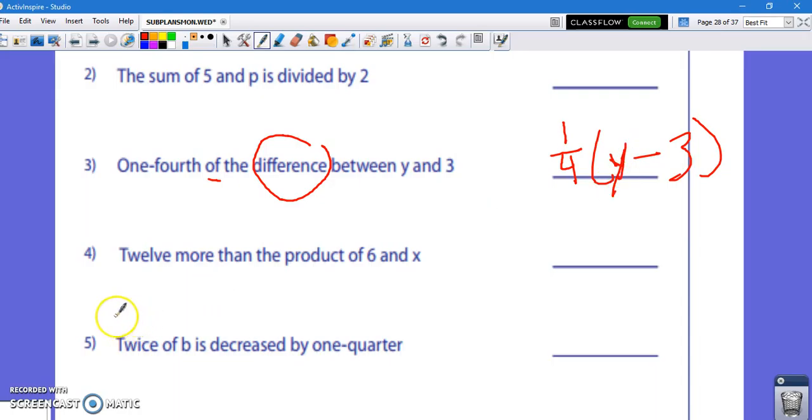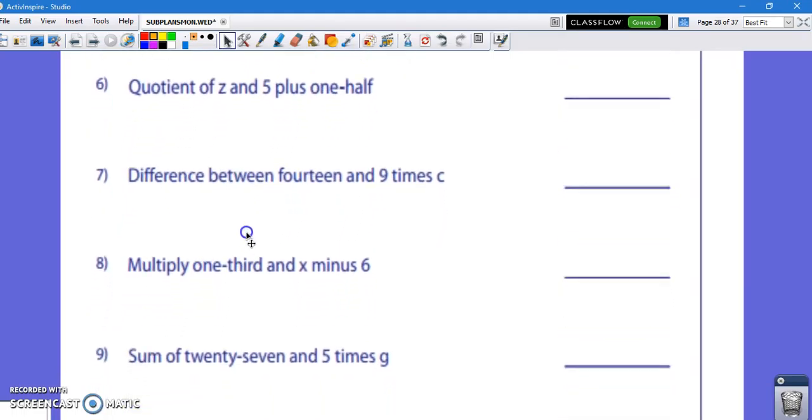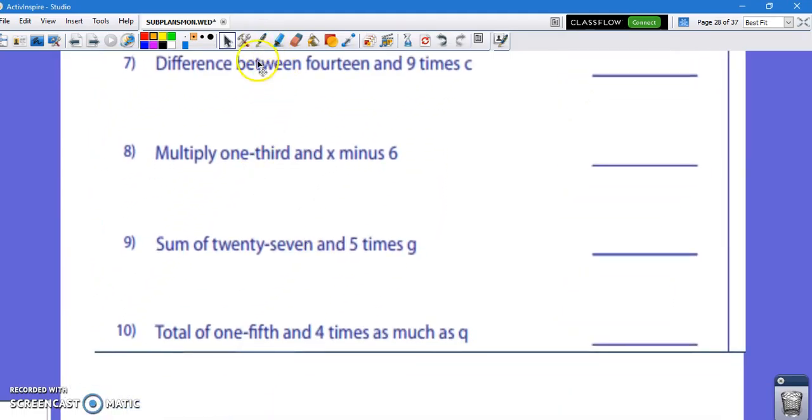Okay, let me see if there's any other ones like that, so you can try to pick up on a pattern here. There is another one that's like that. Let's see, did I copy it? Yes, I did. Number 8. So check this one out, and it's written a little differently. Multiply 1/3 and x minus 6. So 1/3 multiplied by x minus 6.